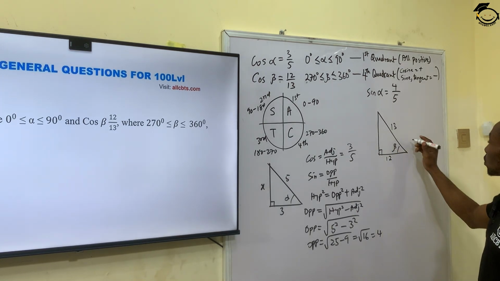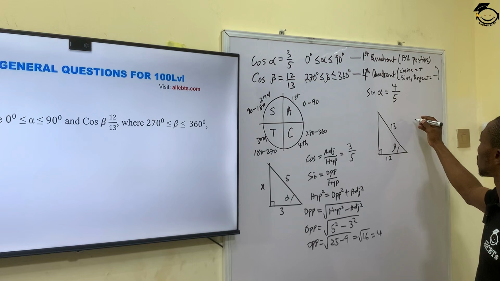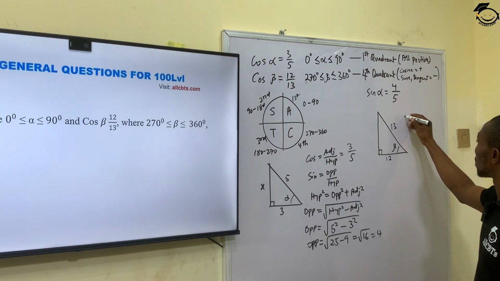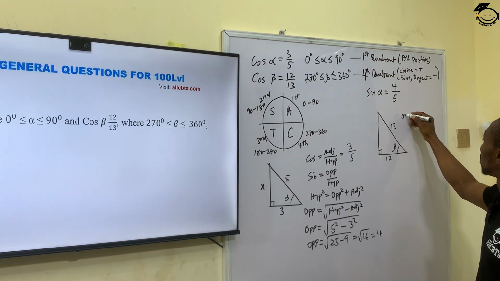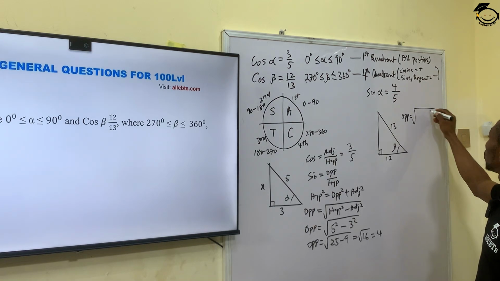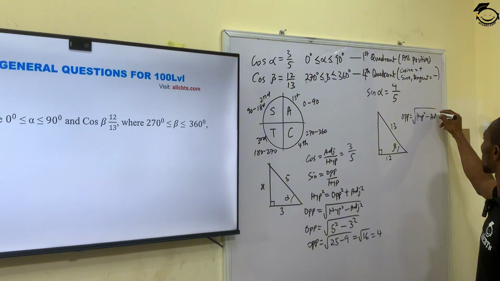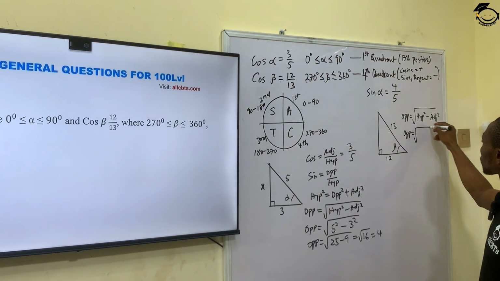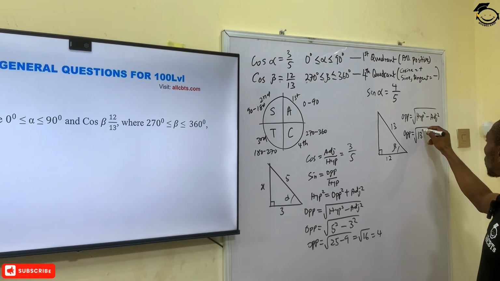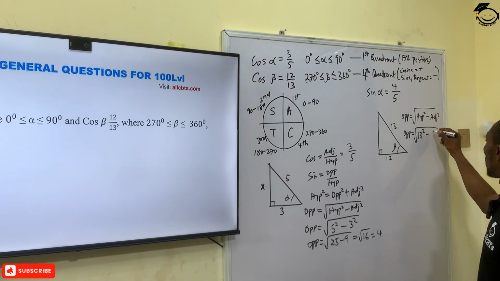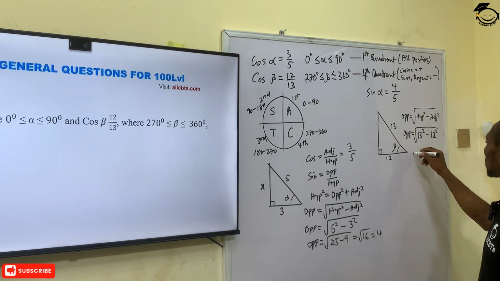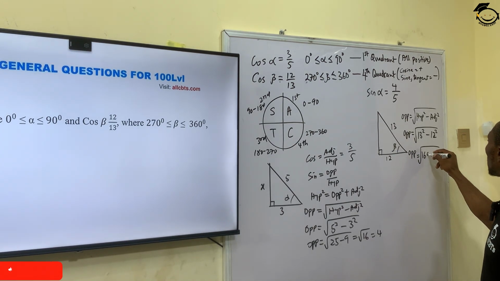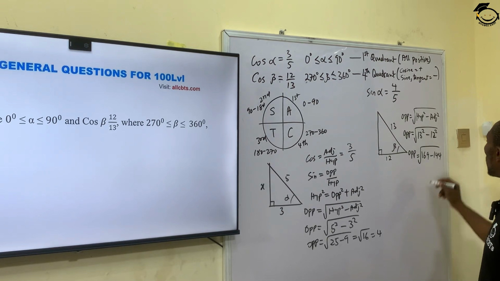For us to get our opposite, that is root of hypotenuse squared minus adjacent squared, which gives us 13 squared minus 12 squared, and 13 squared is 169 minus 144.